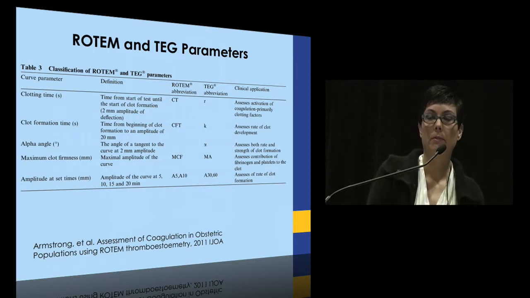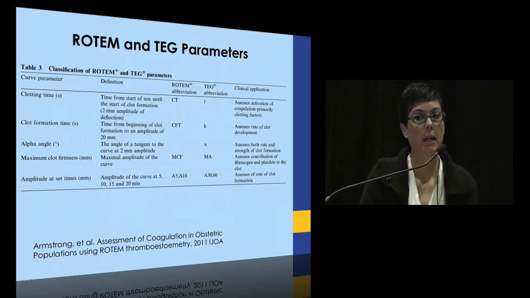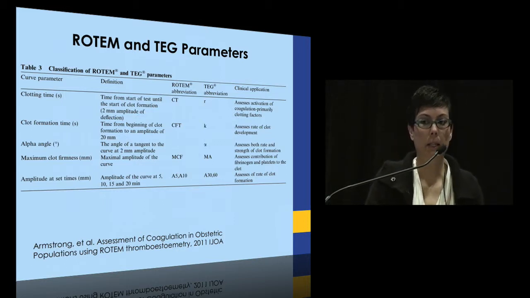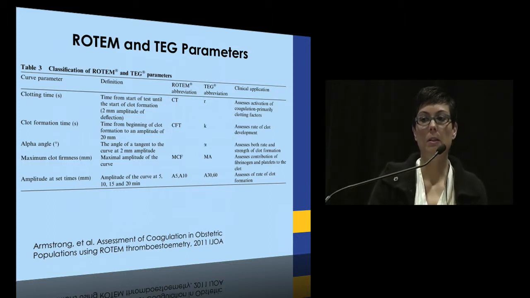A couple of things we have to go over so that you can understand the benefits of the TEG and the Rotom, first a couple of definitions. We'll make it as clear as possible, but the TEG and Rotom have different abbreviations, of course, which makes it a little more complicated. The clotting time is in seconds, and you can see the abbreviations.